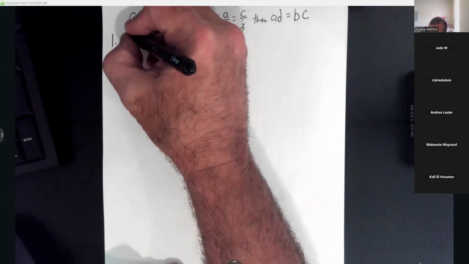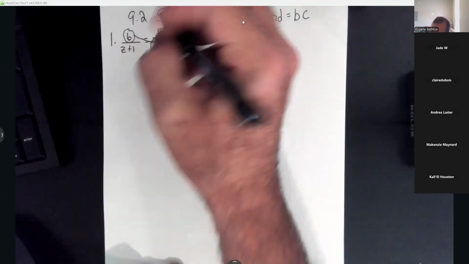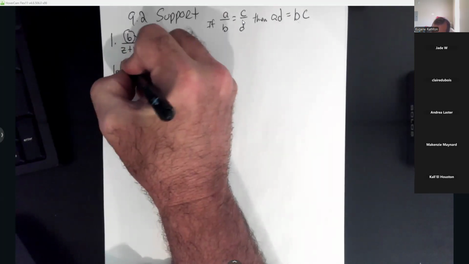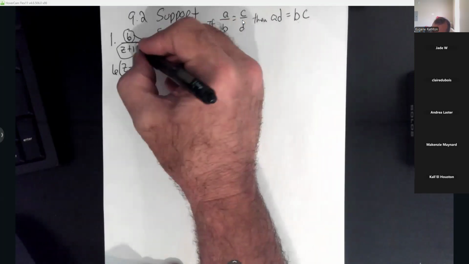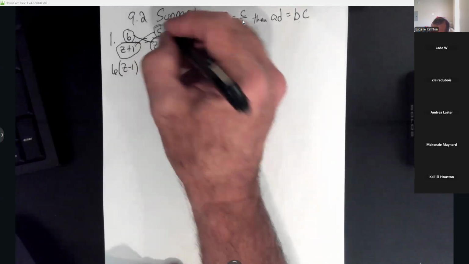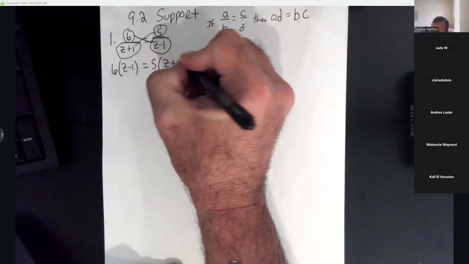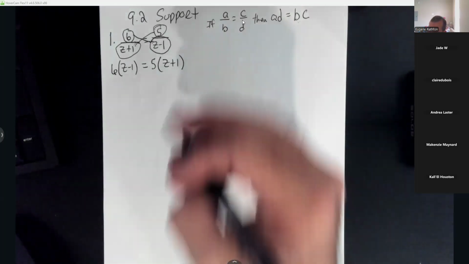You're going to take this 6 and multiply by the z minus 1. So on one side, you got 6 times z minus 1. That's going to equal z plus 1 times that 5. So that'll be like 5 times z plus 1. This is where you do cross multiplying.